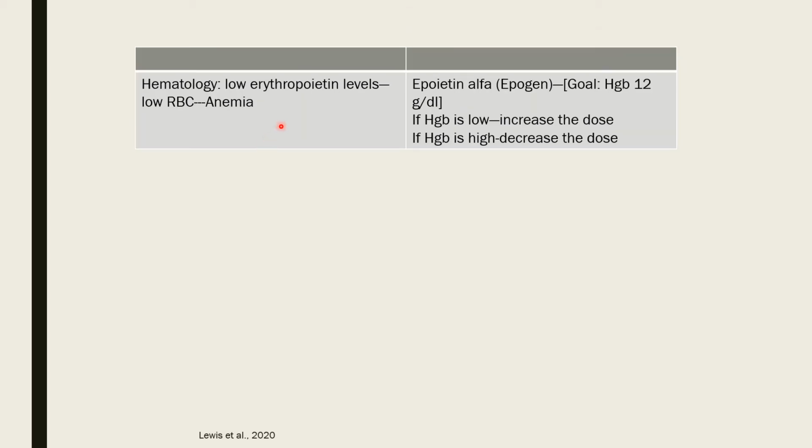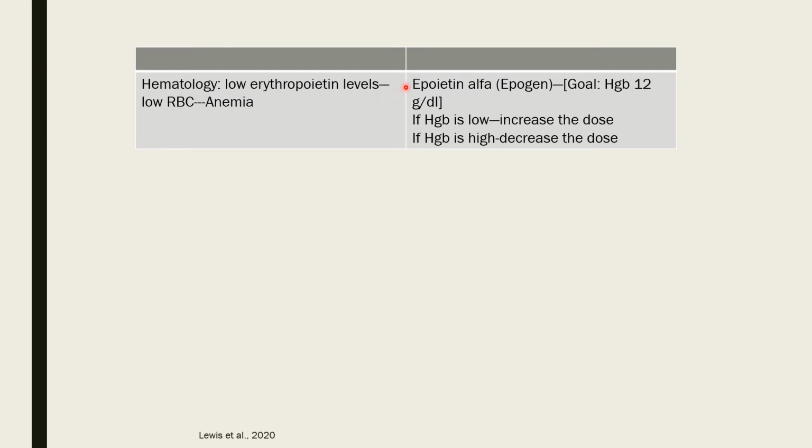Now, with hematology, normally the kidneys have an important role in the production of erythropoietin. Since the kidneys are failing, of course the erythropoietin will be low, and this condition can lead to anemia.